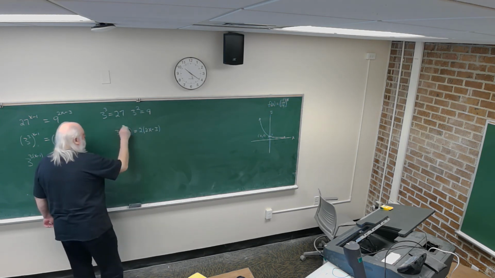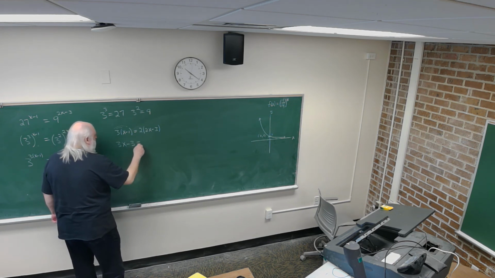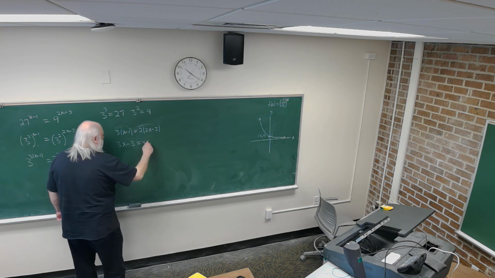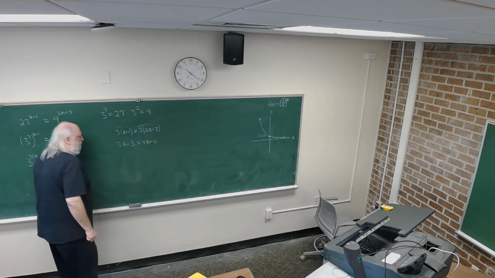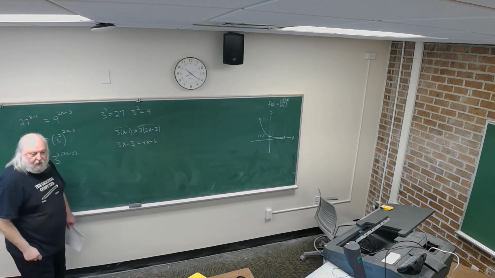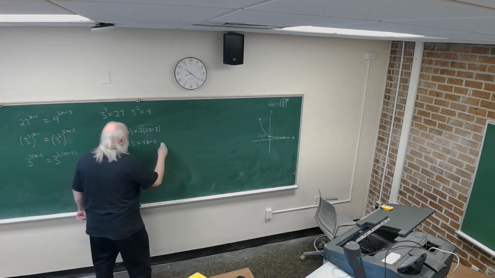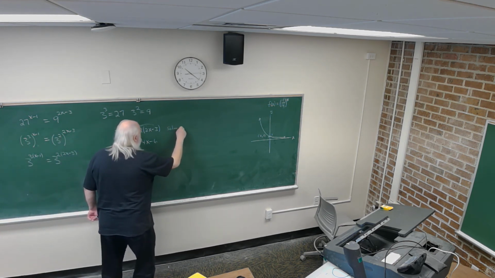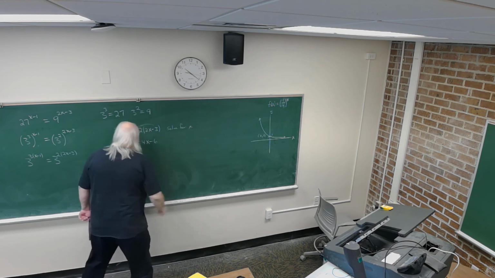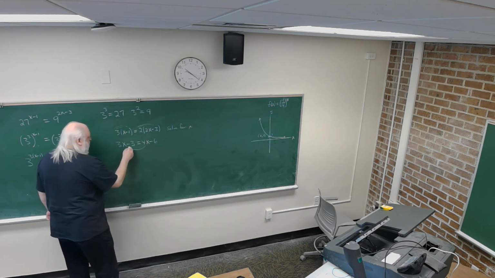So we distribute the 3 on the left. We have 3x minus 3. We distribute the 2 on the right. We have 4x minus 6. Now you just solve for x, right? We're solving for x. So we move the 4x to the left via subtraction.